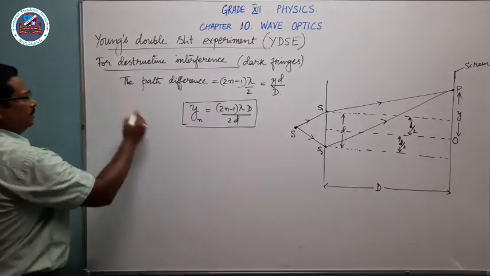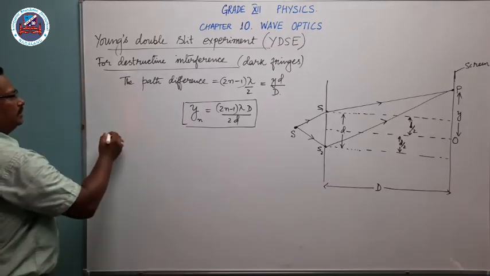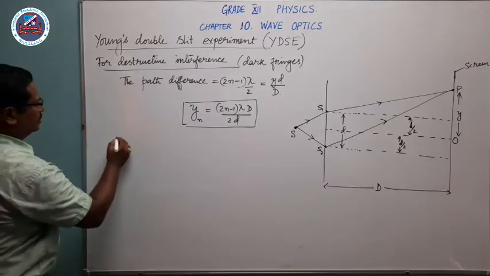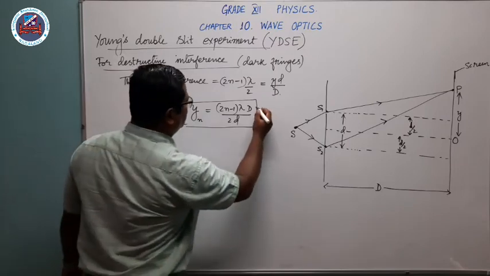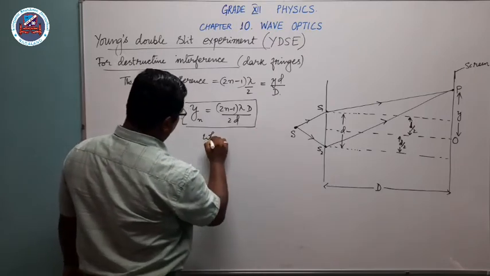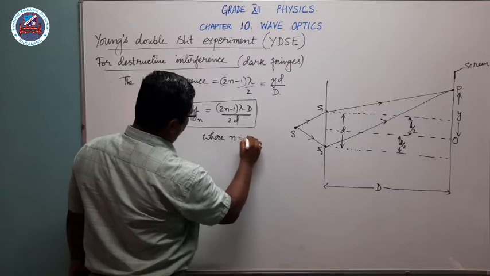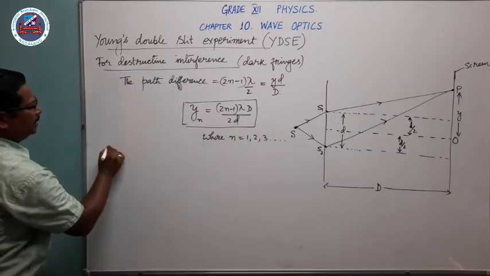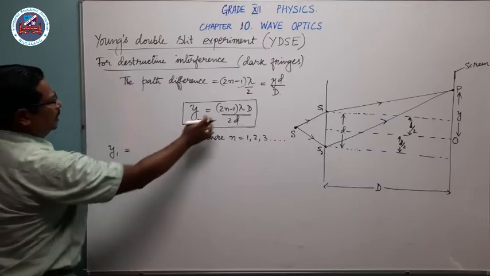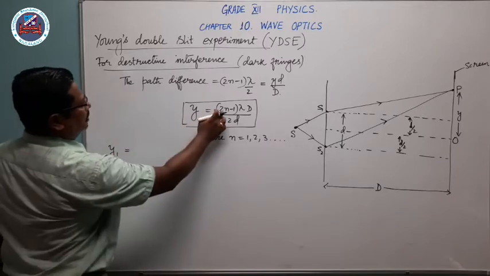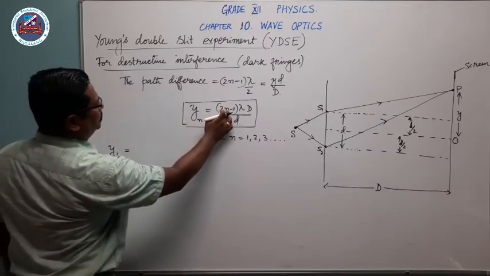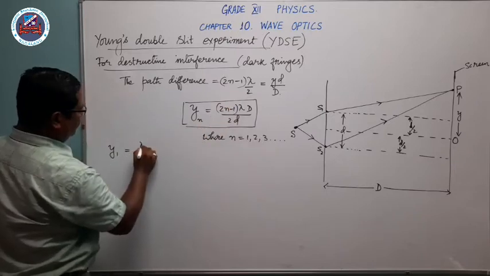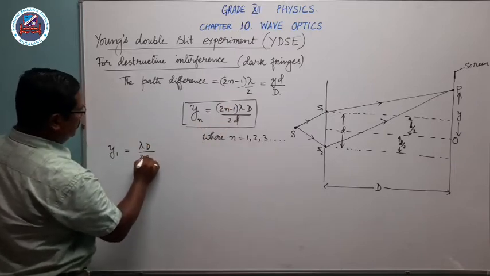Now for the first dark fringe, when n is equal to 1, here the n value starts from n is equal to 1, 2, 3 and so on. So y1, if you put n as 1, 2 into 1 is 2, minus 1 is 1. So it will be lambda D by 2d.